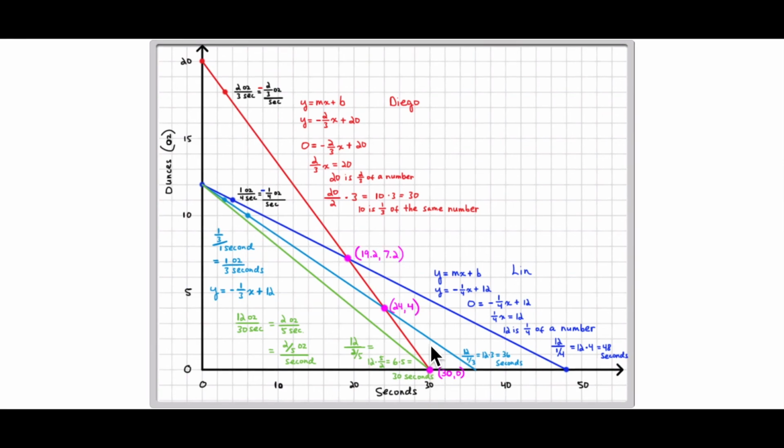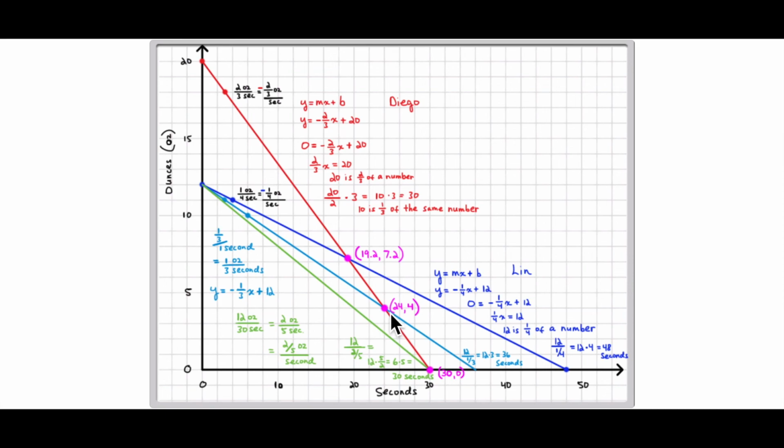And so now the idea is to figure out what these intersections mean. These are the points at which both Diego and Lynn have taken the same amount of time, and they have the same amount of milkshake left. So in this case, they've taken this same amount of time, which is 19 2/10 seconds, and they both have 7 2/10 ounces of milkshake left, but since Diego's drinking faster, he's going to finish before.